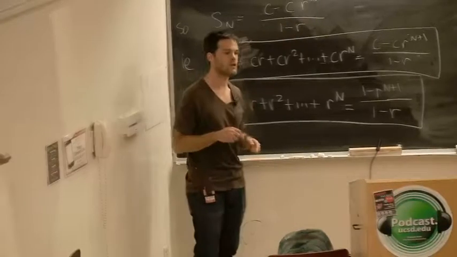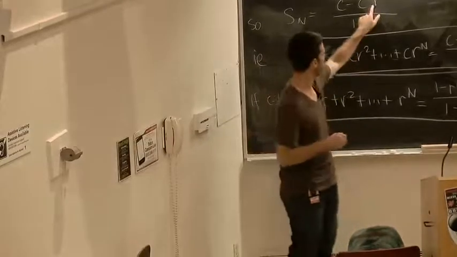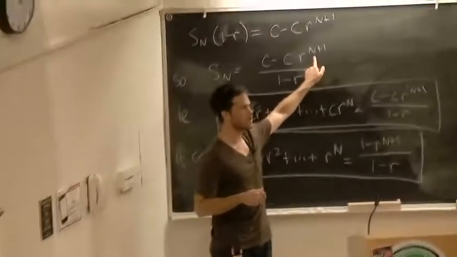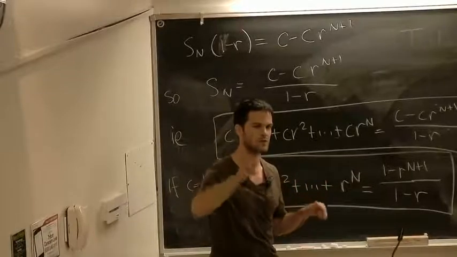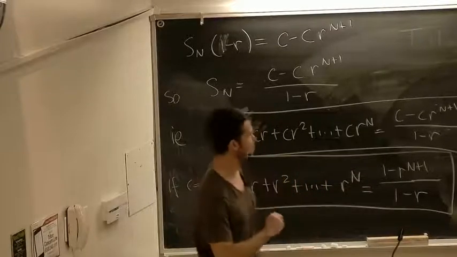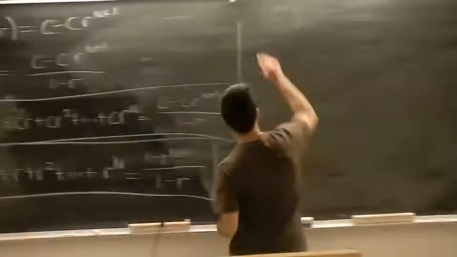Well, I already showed you guys what happens when you raise a number to a large power. It all depends on whether that number is bigger than 1 or less than 1. So that's exactly the criterion we need here.